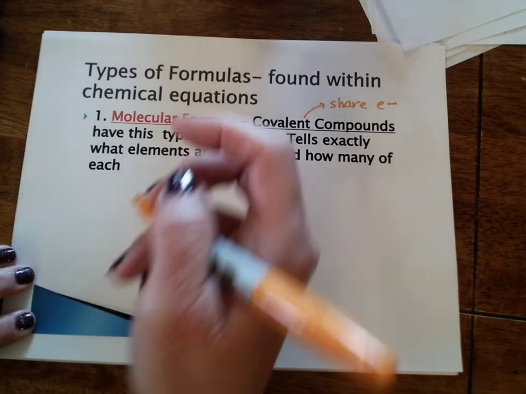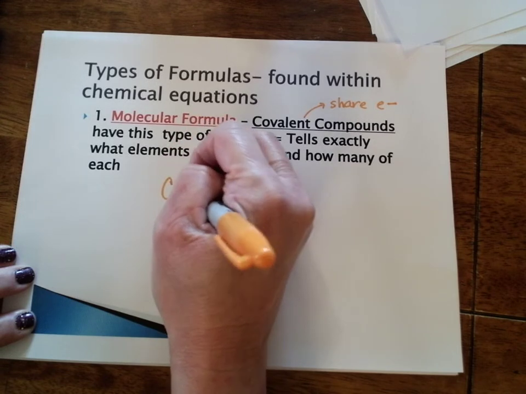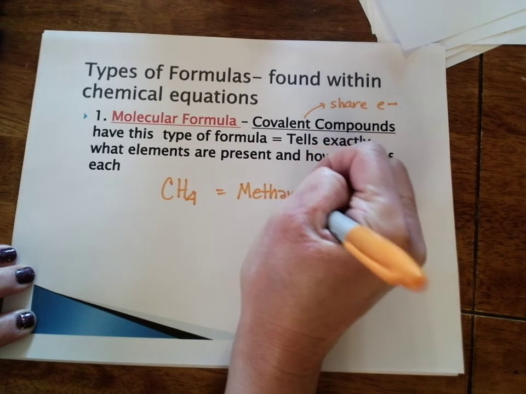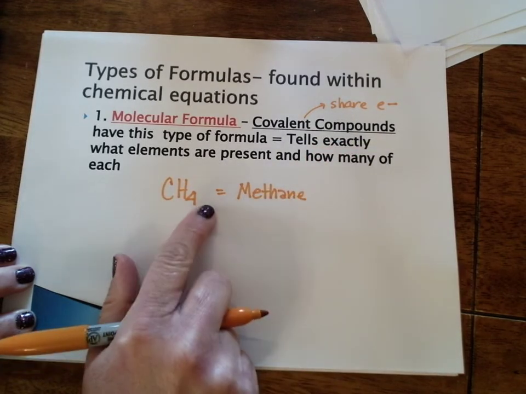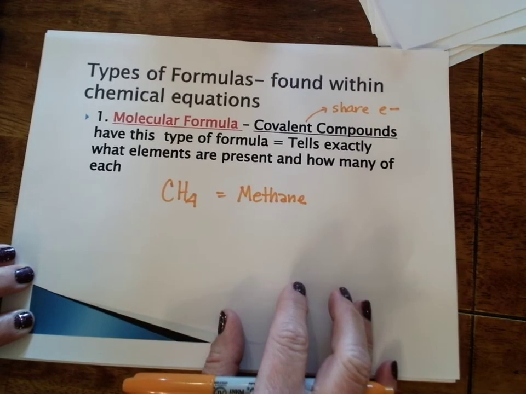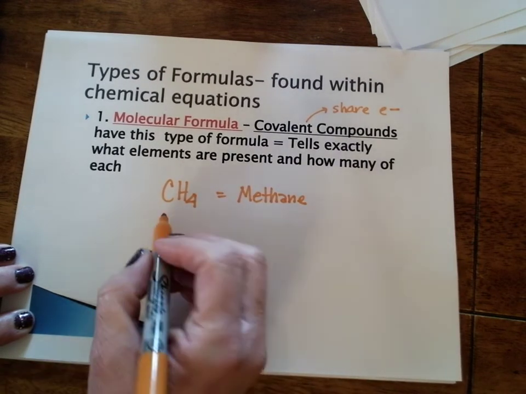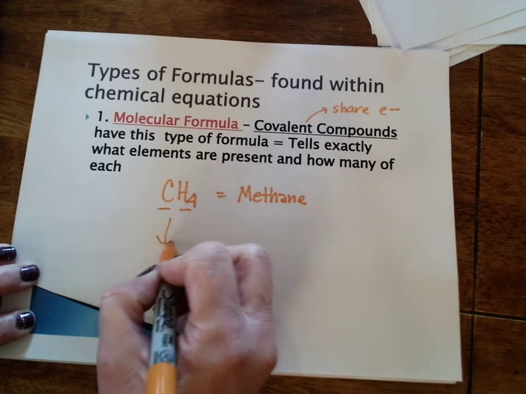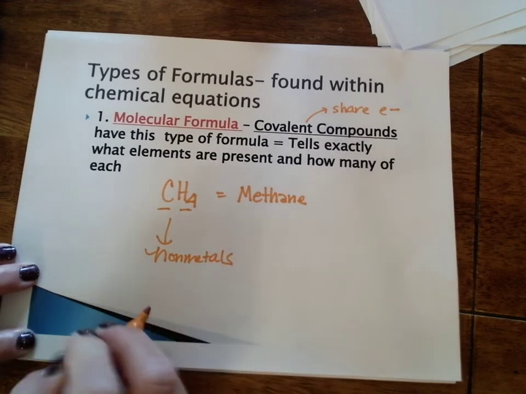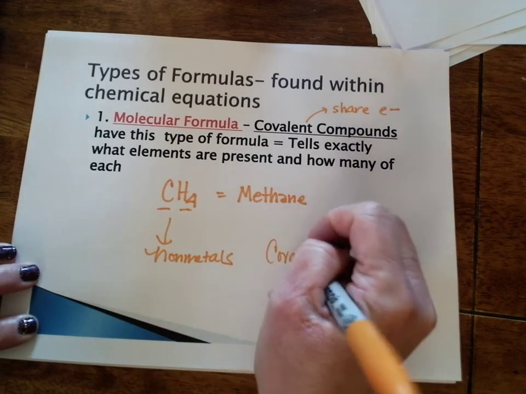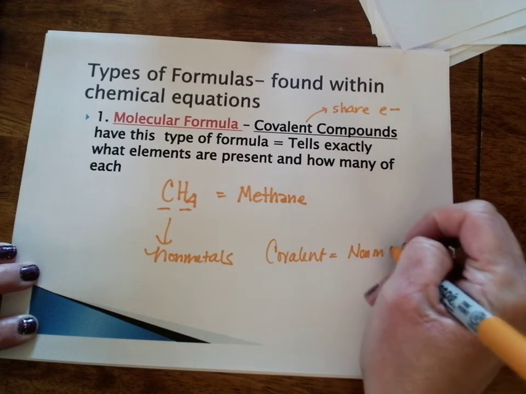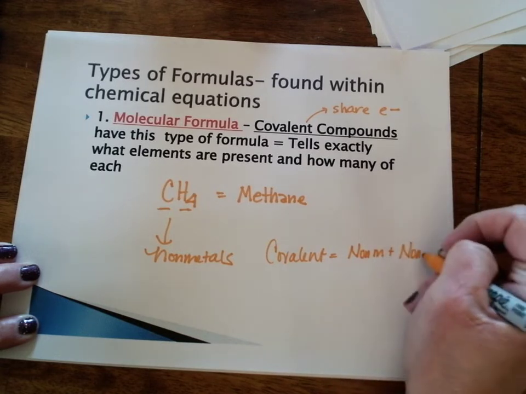So a simple molecular formula would be something like this. CH4, which happens to equal methane. It's telling me there's 1 carbon and 4 hydrogen equal 1 methane. So that's a molecular formula. Notice this is a covalent compound because both of these are non-metals. Remember, a covalent compound is equal to a non-metal plus a non-metal.